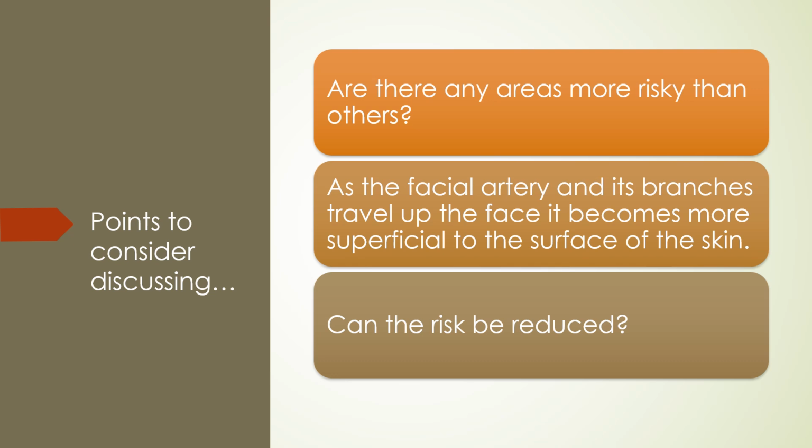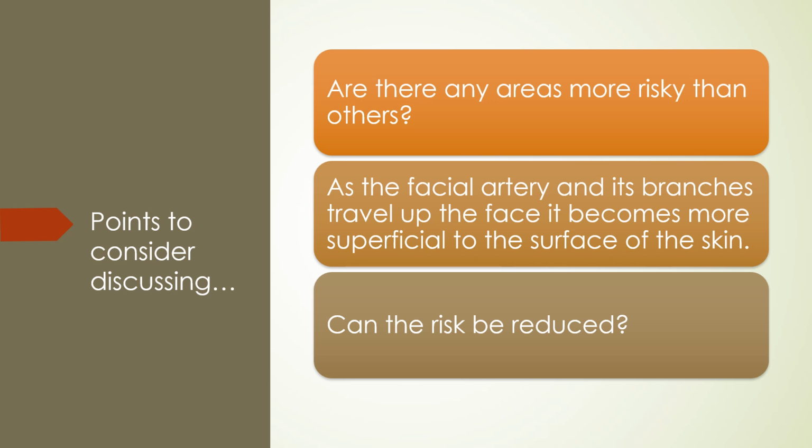I mean, as the facial artery comes up the face, it actually gets more superficial, hence why we find that more cases of VOs can happen on the nose, because it's more superficial, and even to the point where filler in the 11s. So not a lot of practitioners will actually put filler into the 11s because that's an extremely high risk area.